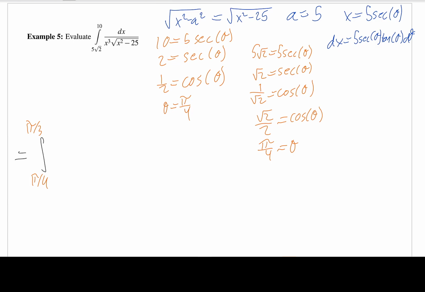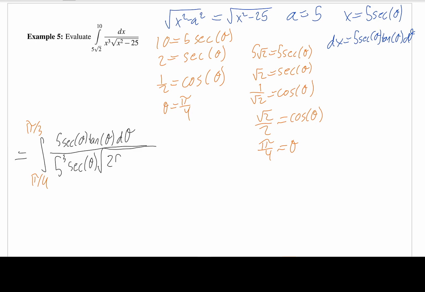Okay, now plugging everything in. So on top we have dx, so it's going to be 5 secant theta tan theta d theta over x cubed. So that should be 5 cubed secant cubed theta times the square root of x squared.